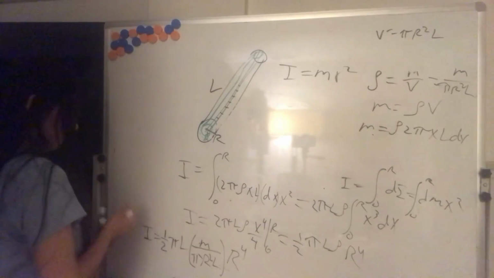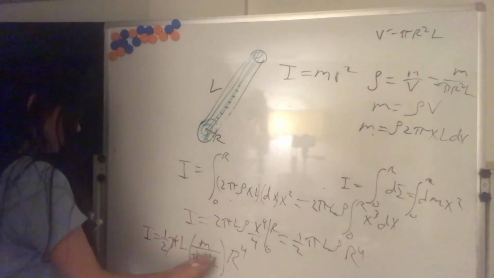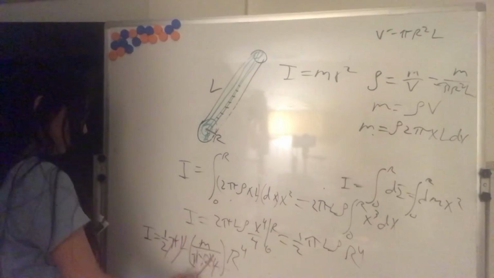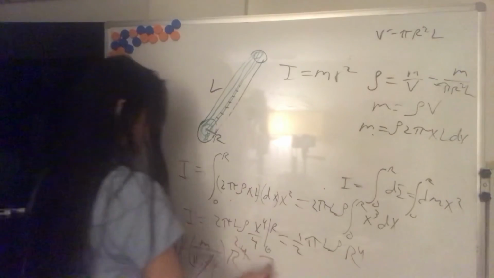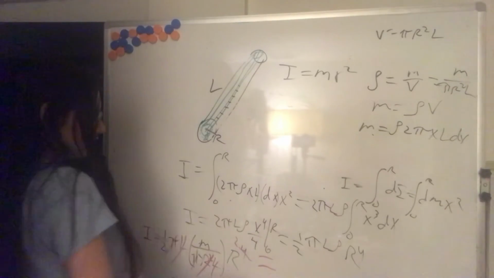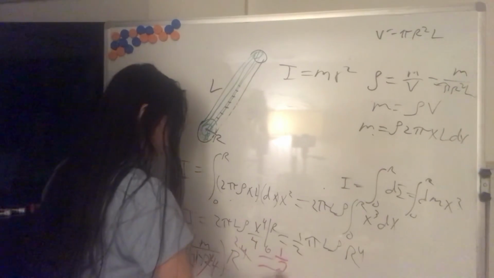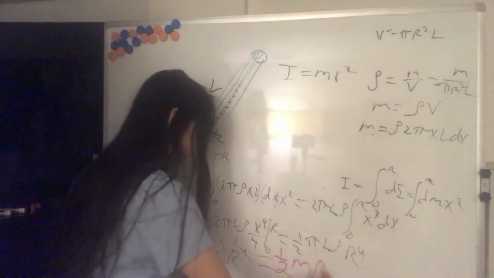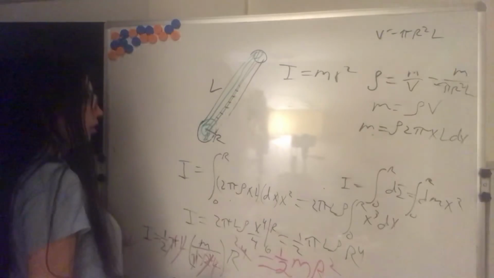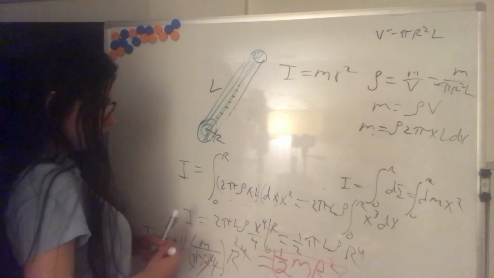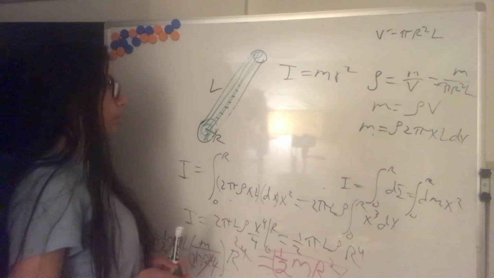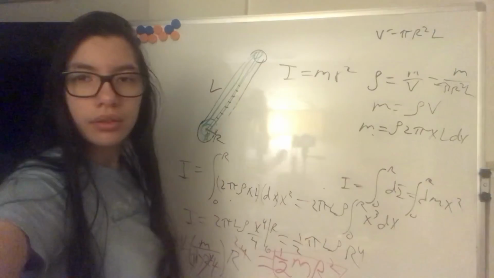So the pi cancels, the l cancels, this r squared with this r to the fourth power is r squared, and so we have that the moment of inertia of a solid cylinder is 1/2 of the mass times the radius squared. And we will use this formula in the next video to derive the formula for the moment of inertia of a solid sphere.